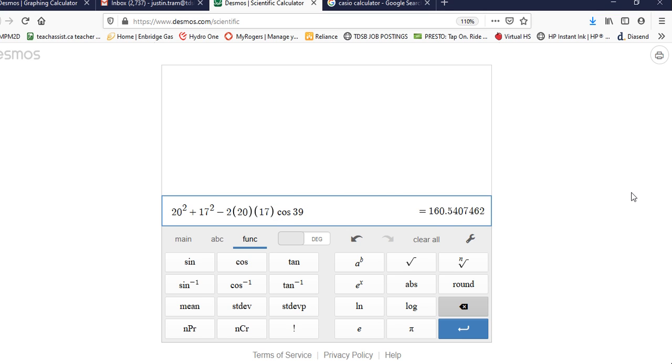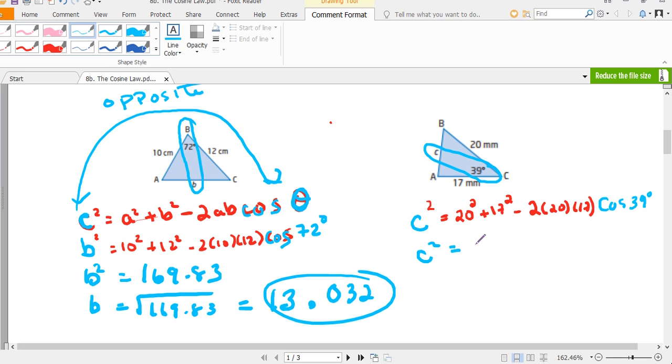So it'll give me 160.54. All I need to do is find the square root of that now. So C equals the square root of 160.54, which equals 12.67.